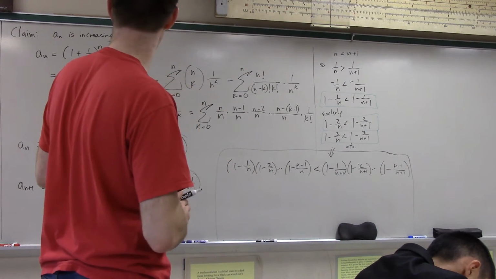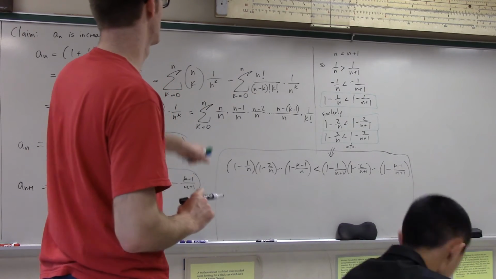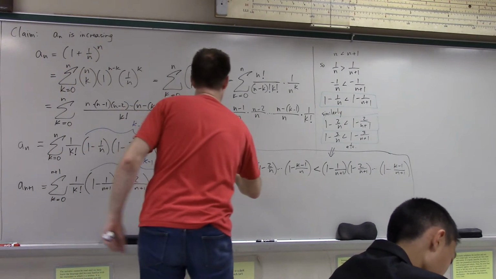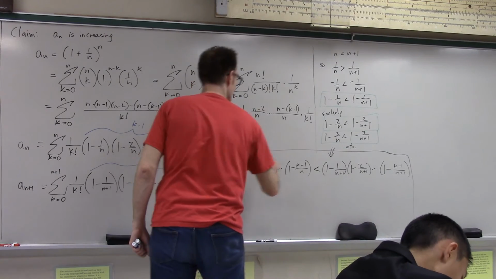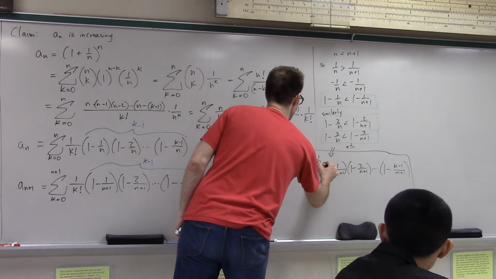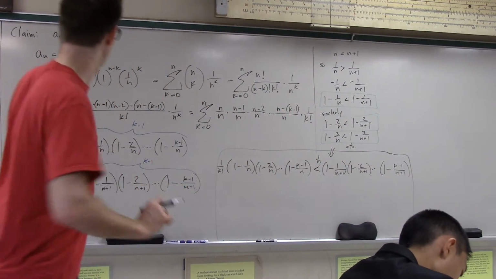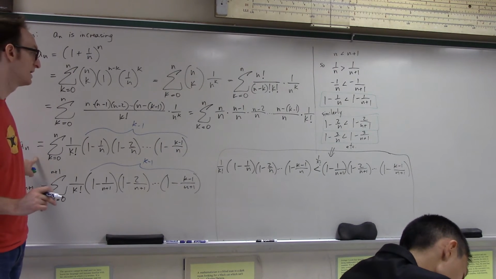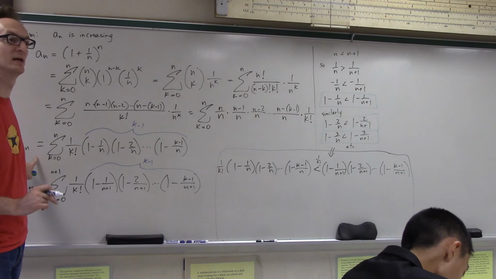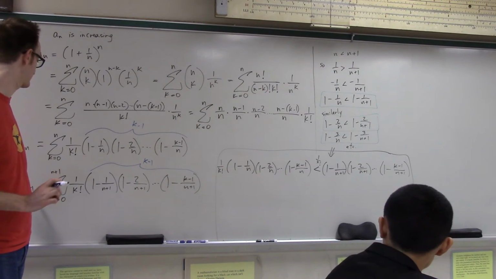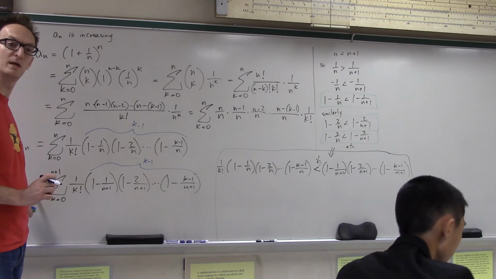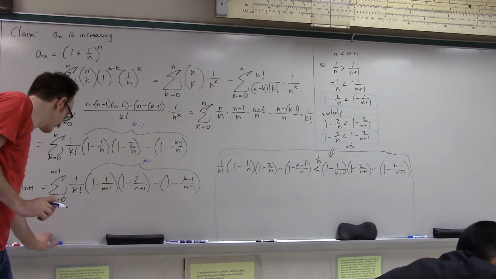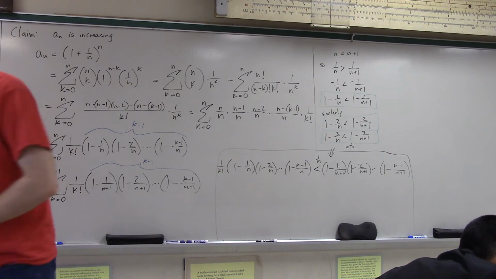And then I could also just throw a 1 over k factorial in there. That's not going to change anything. And now what I've essentially shown is that the kth term in the sum representing a sub n is guaranteed to be less than the kth term in the sum which represents a sub n plus 1.